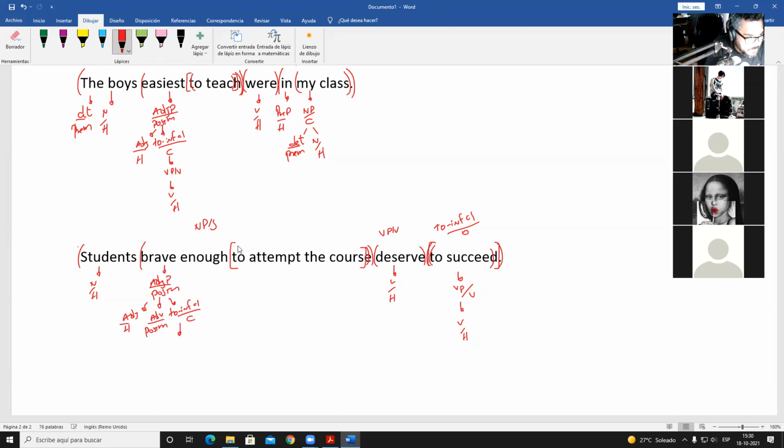Inside of that, we have to attempt, which is the verb phrase verb made out of the verb head. To attempt what? The course, noun phrase, right? The course, that's it. The determiner pre-modifier and the noun head course. Okay. Interesting, be very careful.